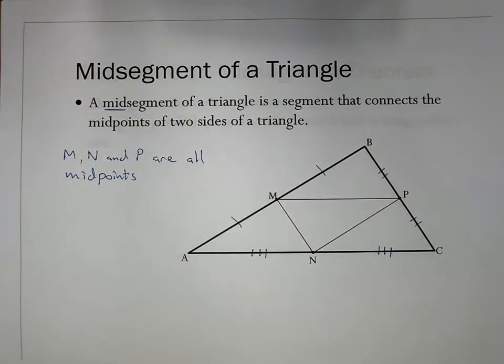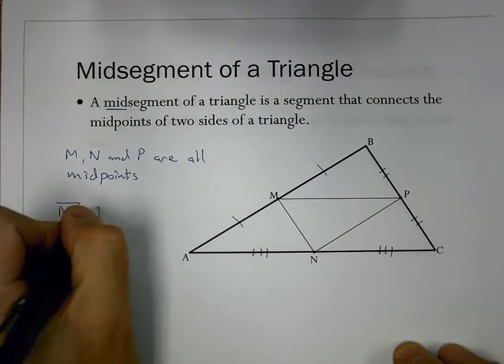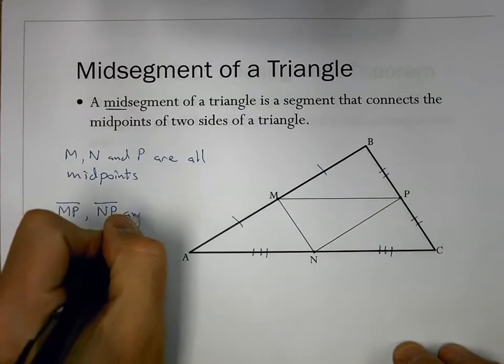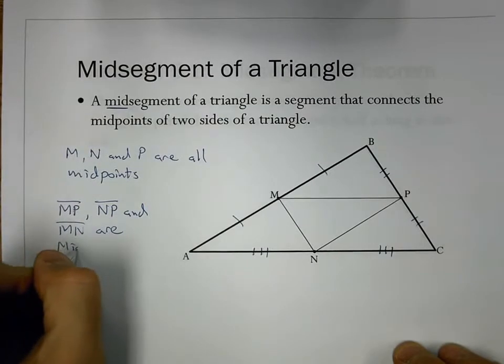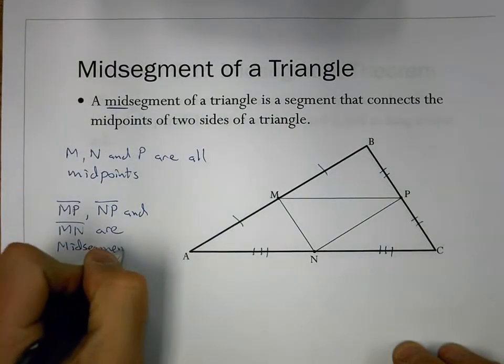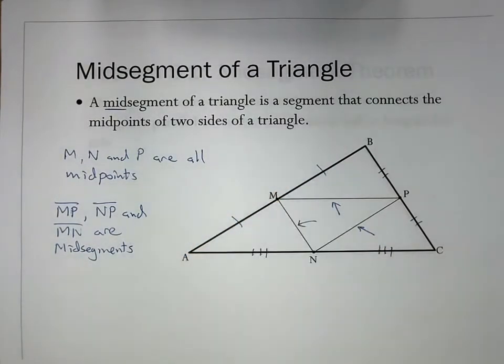So by that definition, segment MP, segment NP, and segment MN are mid-segments. That is those three lines inside the diagram. When you identify a mid-segment, we look for a segment that goes from each midpoint and connects. And inside any triangle, we would have three different mid-segments.